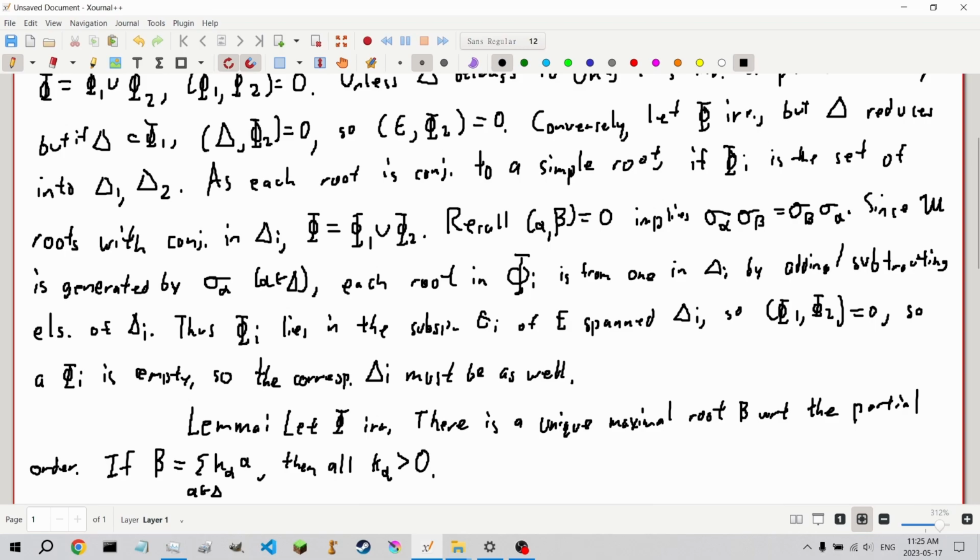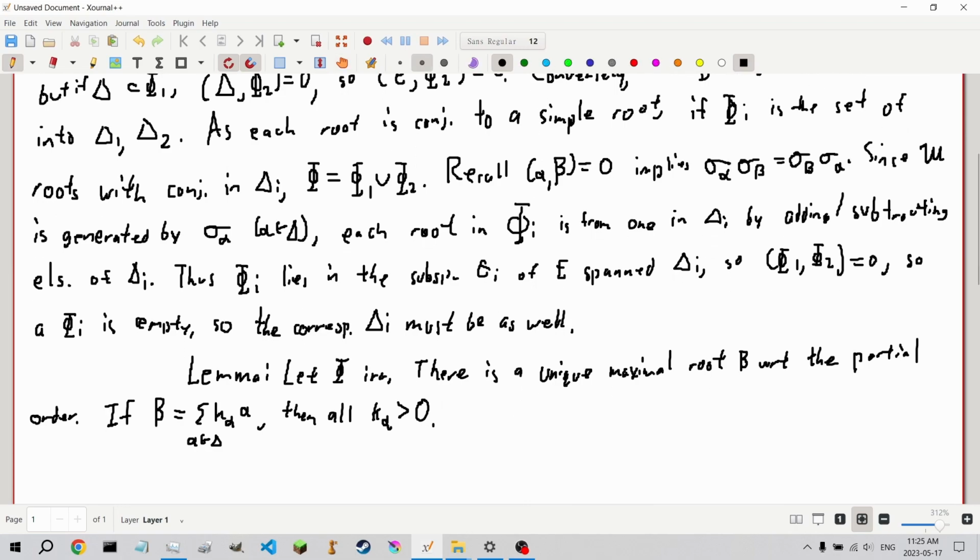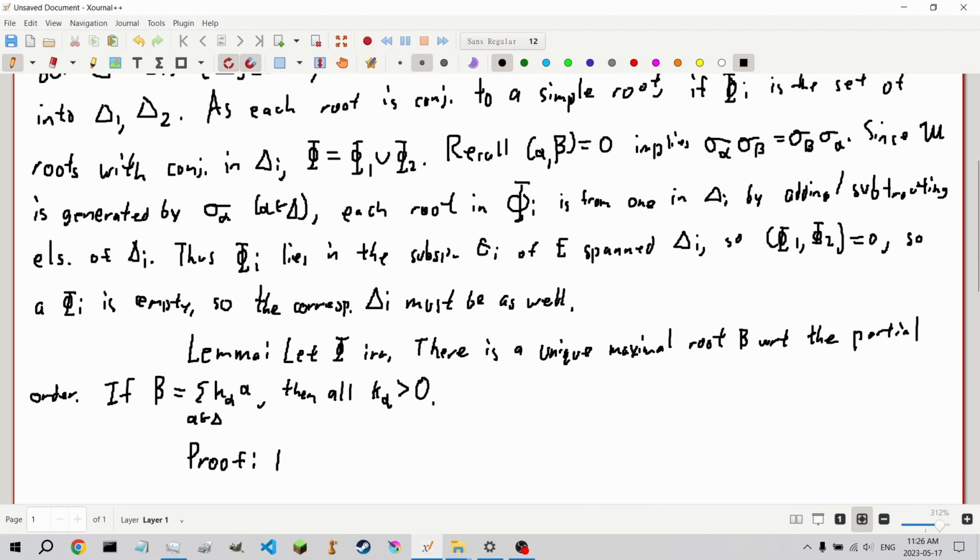And so the proof. Let beta, the sum of k alpha alpha for alpha in our base, be maximal.